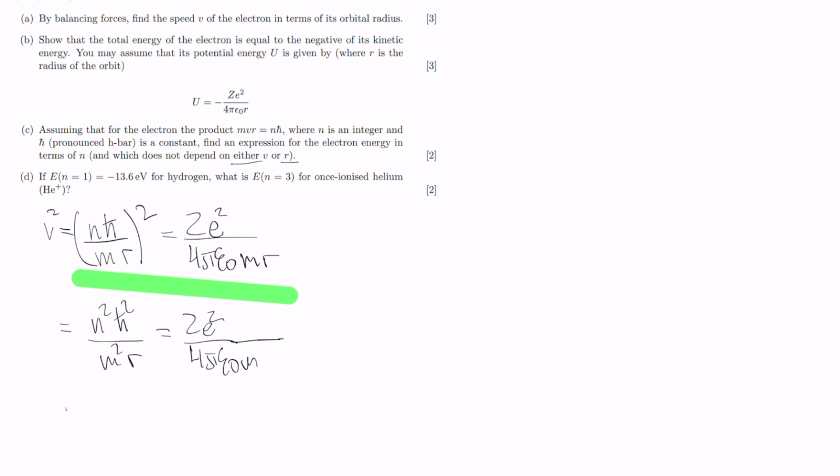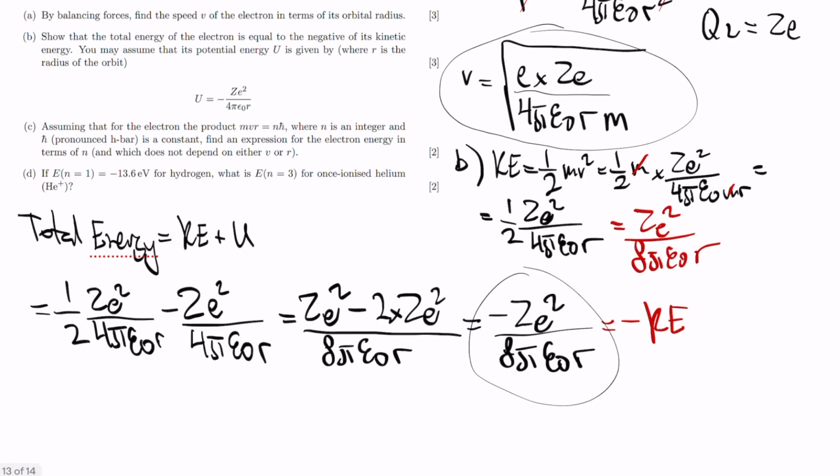Okay, let's rearrange for the radius. The radius will then be given by, let's see if we can do this quickly and correctly, 4 pi epsilon naught. The m's here are going to cancel. What do we have? We have a factor of n squared h bar squared divided by m, and then we have the factor of Ze squared down here.